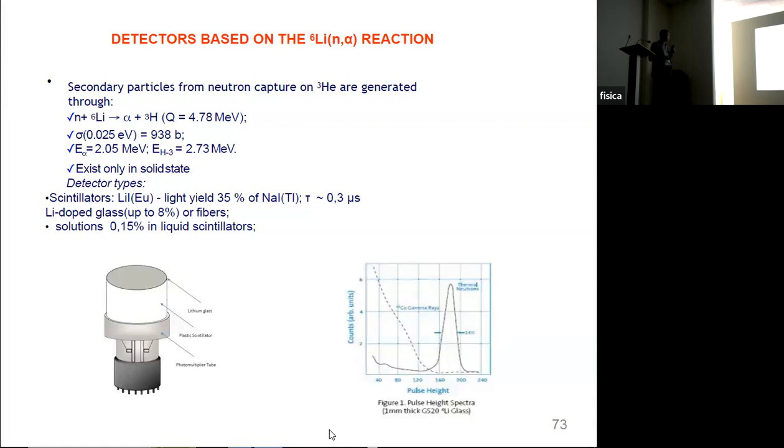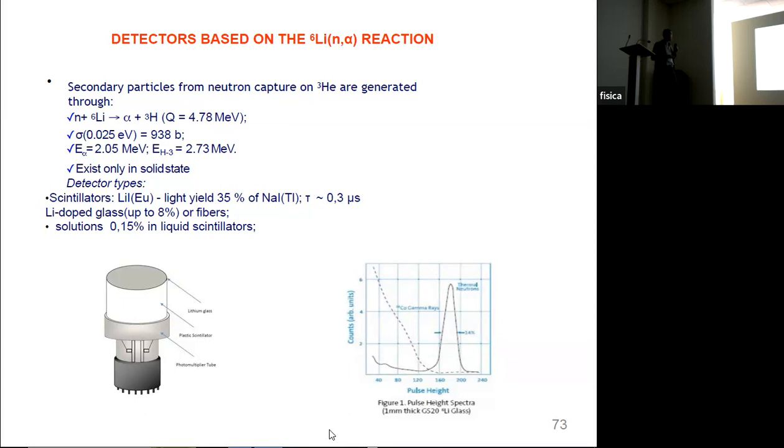The main advantage of lithium is that you have higher energy, about 4.7 MeV, but the cross section is low. You always have to find a compromise between the cross section and the energy. It depends on your application. If the energy is high, it's easier to distinguish between neutrons and gamma rays.